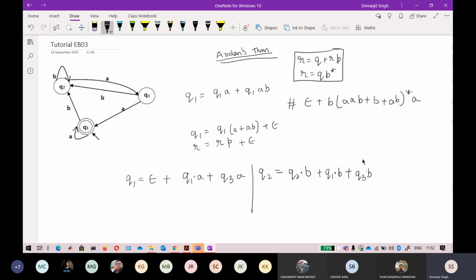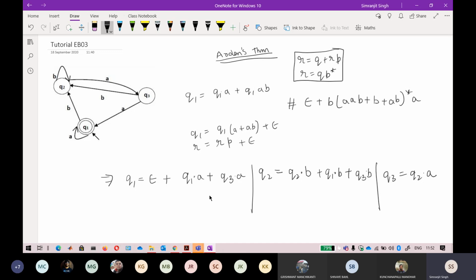Q2 is a bit long expression, so don't worry about it right now. I just tried it. For Q3, there is only one arrow coming towards it, that too from Q2. So Q2A. Okay. So this is my final expression. The regular expression will be obtained on this one.